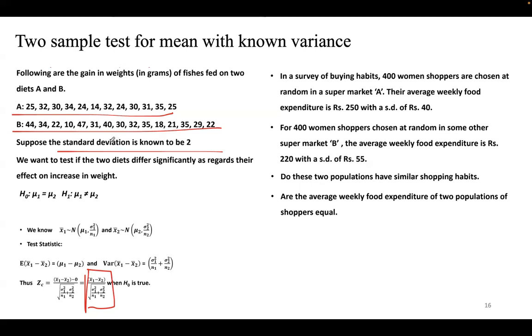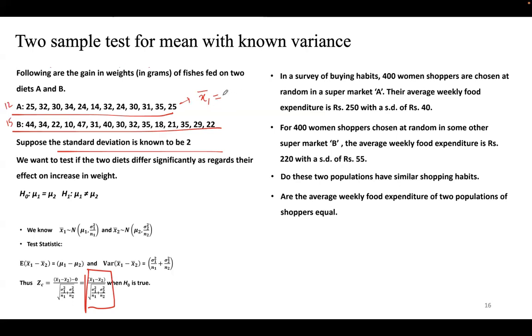What we are going to do here is first calculate x1 bar and x2 bar. It's a simple arithmetic calculation: you just add them up and divide by the number. Here we have 12 observations, 1, 2, 3, 4, 5, 6, 7, 8, 9, 10, 11, 12, and here we have 15.